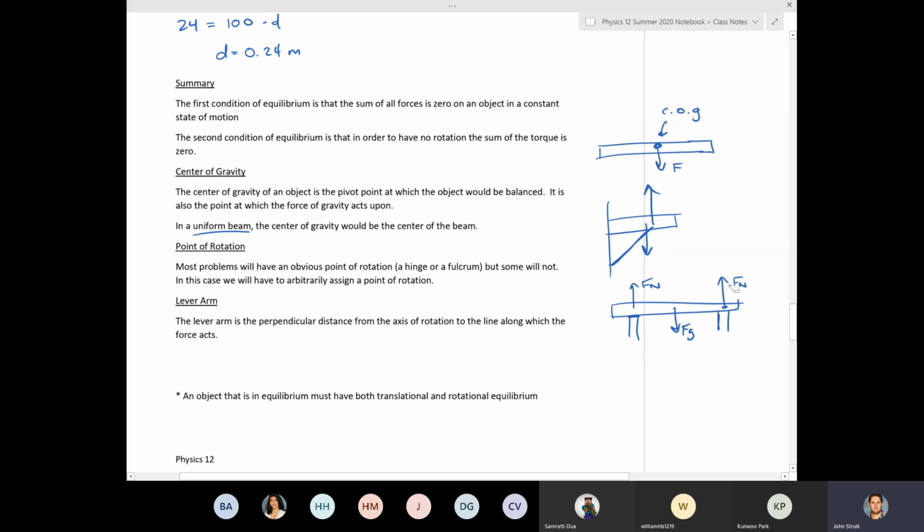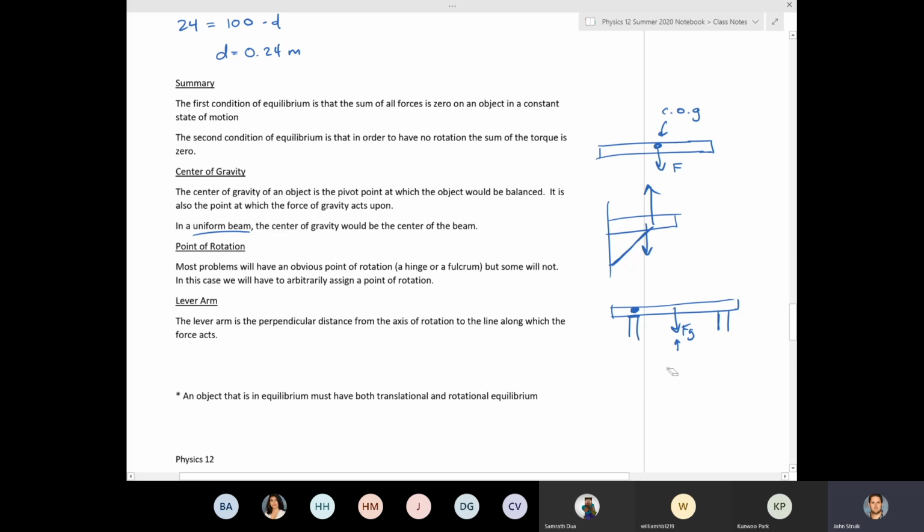How do I know that? Because if I make this my pivot point right here, this force right here is going to cause a torque counterclockwise, which means I have to have a force that's causing a clockwise torque counteracting it if that beam's not moving. And so this force right here causes a clockwise torque. However, let me erase this one and say this is now my pivot point.